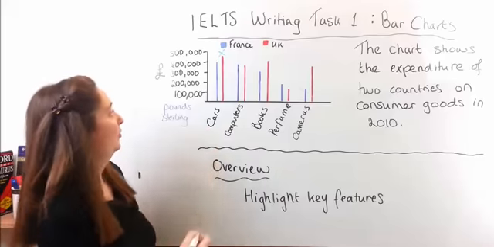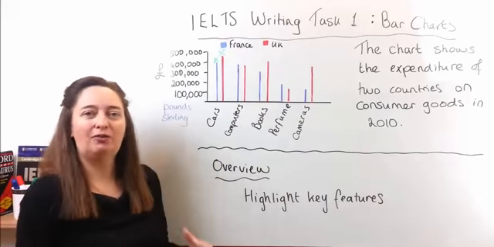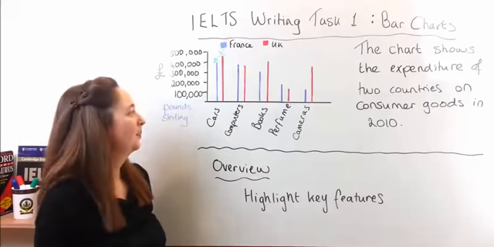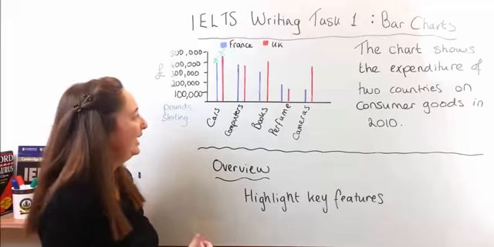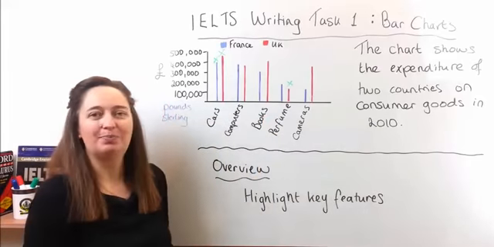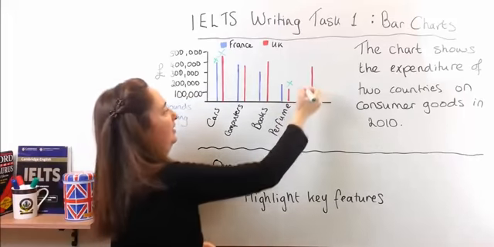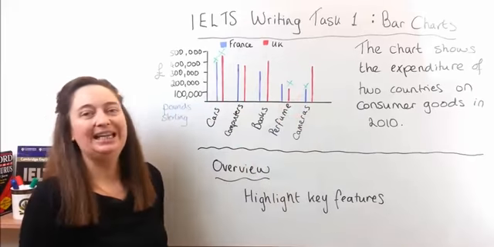And also for France, the blue one, that's the same. So both France and the UK spent most of their money on cars. But if we look at the other end, so the lower points, for England, the least amount of money was spent on perfume. And for France, it was cameras. So those are key features.